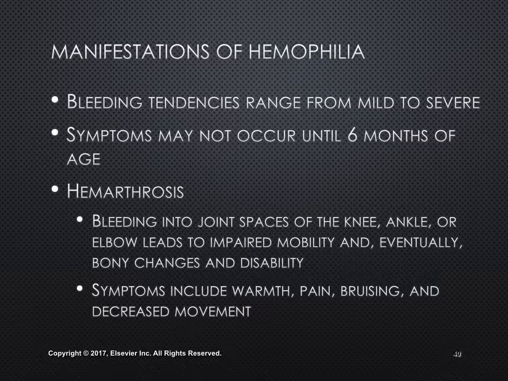Hemarthrosis is one of the major disability-causing portions of hemophilia, in that they get bleeding into their joint spaces, especially of the knee, the ankle, or the elbow, and that leads to impaired mobility, and eventually it leads to bony changes and disability. The symptoms of that include warmth, pain, bruising, and decreased movement, just like we would expect with bleeding into a joint.